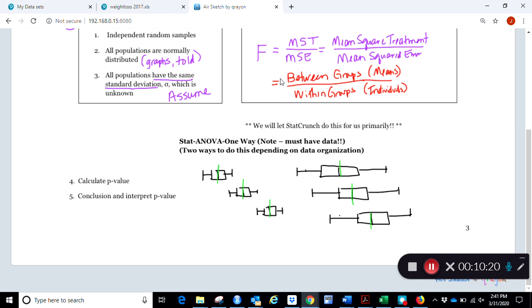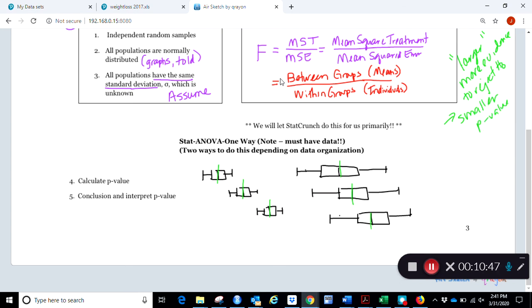It'll use that F to help us calculate a p-value. So probably something to understand about the F is the larger it is, the more evidence against the null, or to reject H0. Or in a sense, the larger the F is going to give me a smaller p-value.